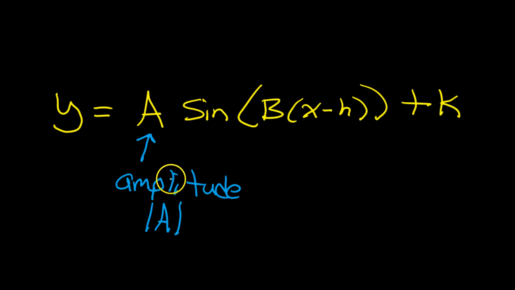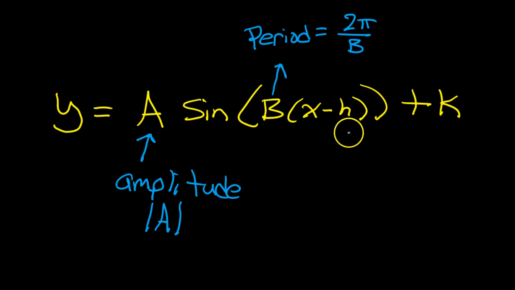Amplitude is always positive. This b value controls the period. All right, the b value is not the period, but the period is always going to be 2 pi divided by that b value. So that's going to give you the period.